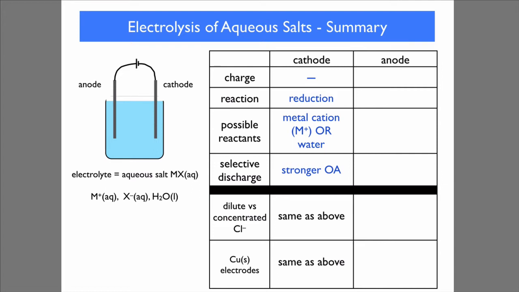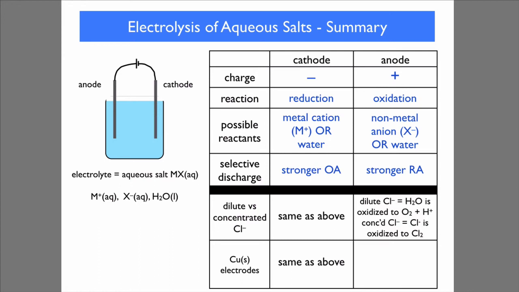So things change at the anode, don't they? The anode's positive, so that's where oxidation takes place. The non-metal anion or water can be oxidized. And the preference would be that the stronger reducing agent undergoes oxidation. The difference between dilute versus concentrated chloride ions is that with dilute chloride ions, the water is oxidized, but with concentrated chloride ions, the chloride ion is oxidized to chlorine.